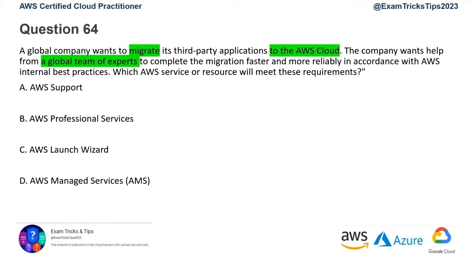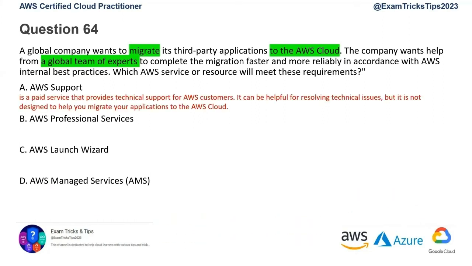If you're talking about a complete migration of your on-prem solution to AWS Cloud, and you do not have the expertise on hand within your organization to do this, AWS support is not the answer. So it's an incorrect answer. It's a very basic service. They can help you with queries and simple problems, not with a complete migration.